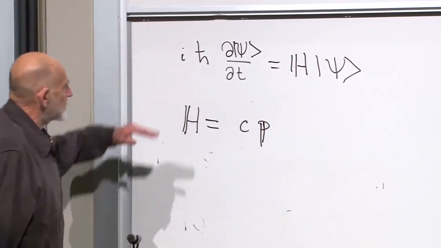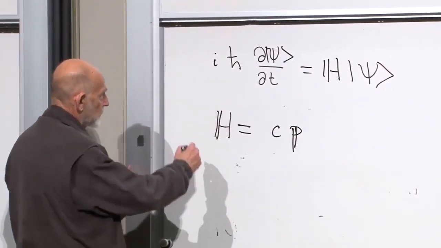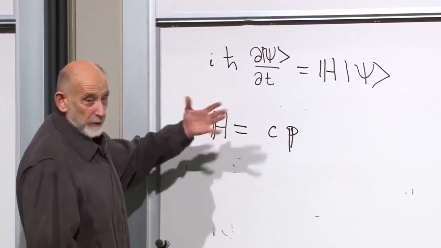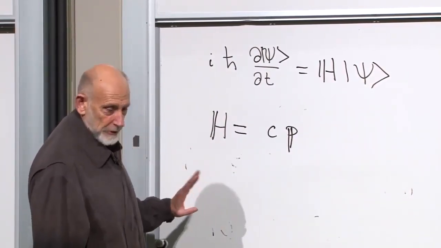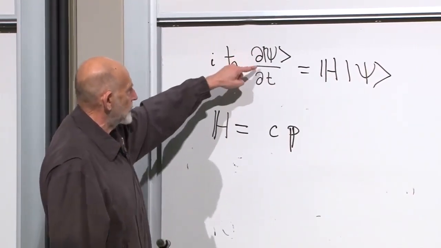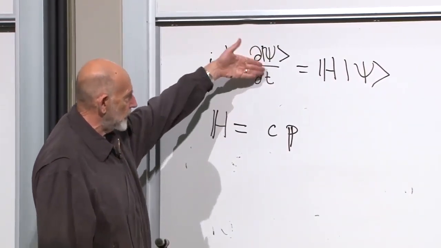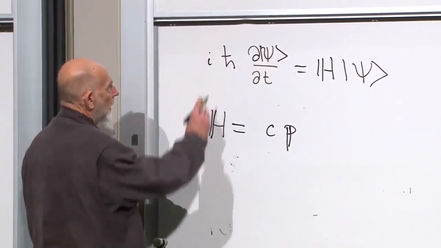Okay, but how is this represented in terms of wave functions? Wave functions in the x basis are just projections onto the x eigenvectors, and we can do that inside these equations. It's fine.